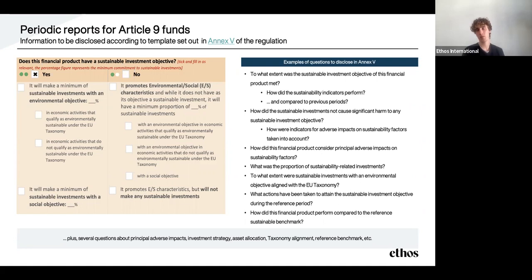For example, there are two that are provided by the EU. There's one called the Paris Aligned benchmark. And there you could show how this fund is performing in relation to the Paris Agreement. How are the companies or assets in this fund in line with the goals that we have set out in the Paris Agreement with regards to 1.5 or 2 degrees warming?